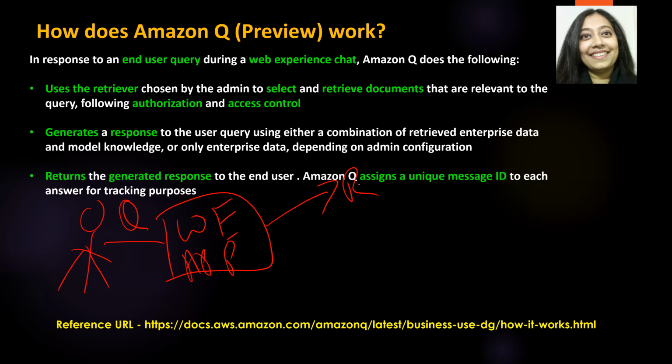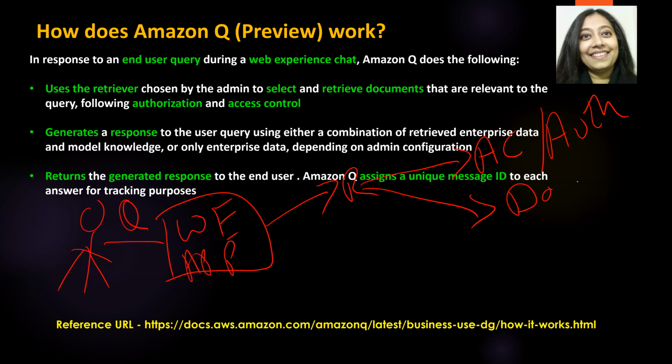The retriever will then look at access control and authorization, then retrieve documents, then take all these documents and give them to the generational component.